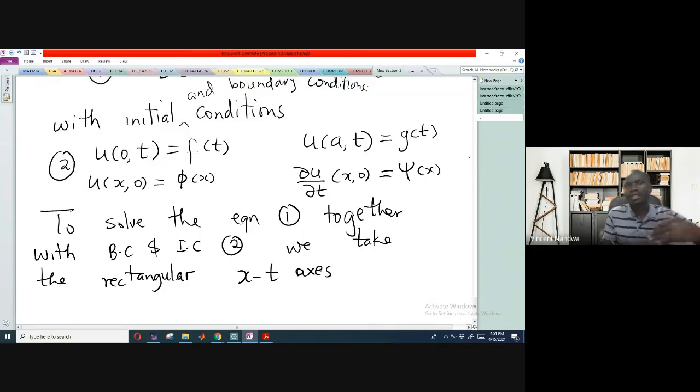That means that on the horizontal axis we have x, and on the vertical axis we have t.